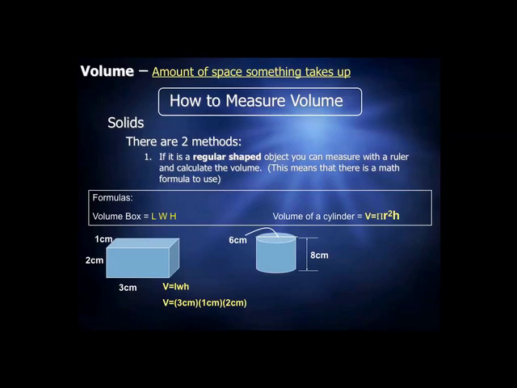Last up, do the calculation. What is it? 3 times 1 times 2 is 6 centimeters cubed. Centimeters times centimeters times centimeters is cubed. Volume is in cubic units. Centimeters cubed.